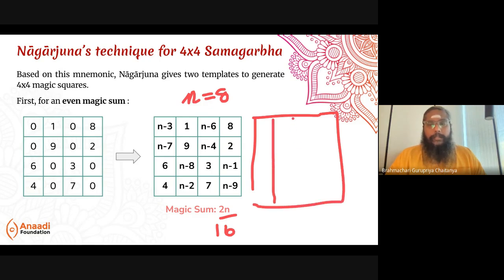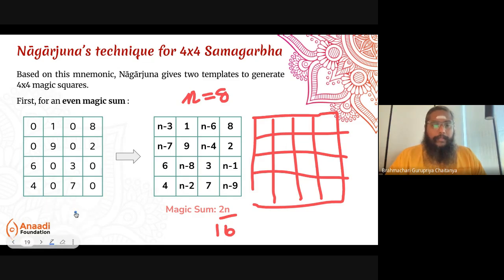One, two, three. Now, instead of n minus 3, we are going to do 8 minus 3. 8 minus 3 is 5. 1 is 1. Then n minus 6 now becomes 8 minus 6, 2. Then this is 8 as it is. This is n minus 7, which is 1.